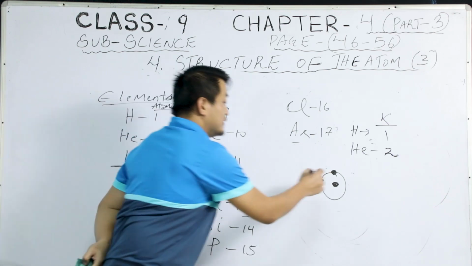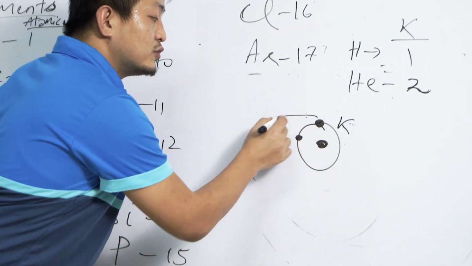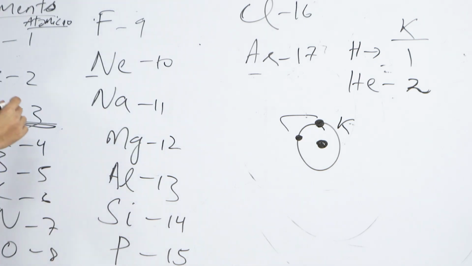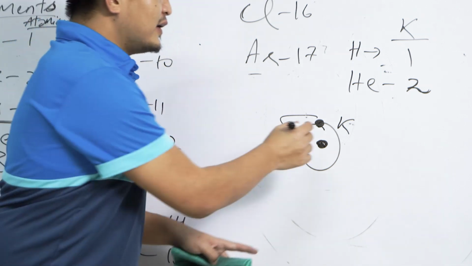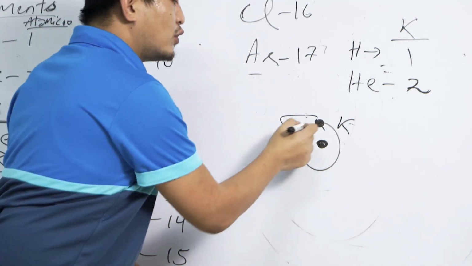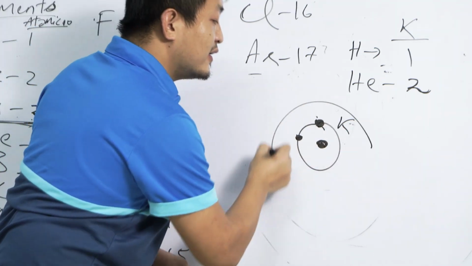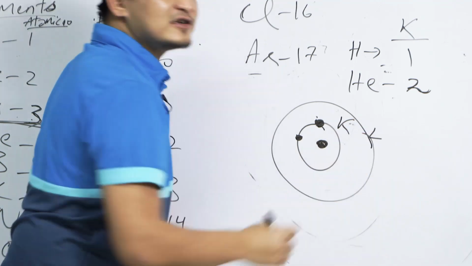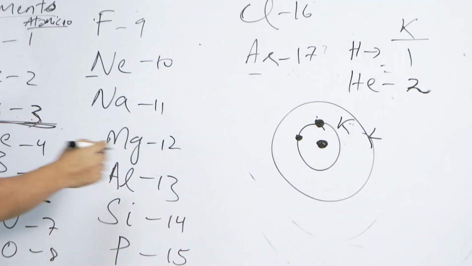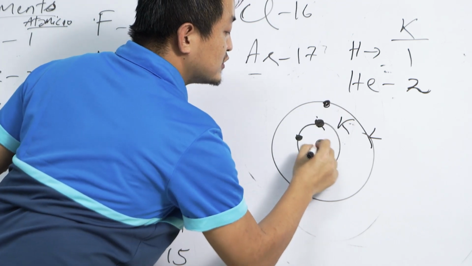In the K shell, the maximum number is 2, but lithium has 3 electrons. In the K shell there is space for just 2 electrons, and it is already filled. So in that case, we'll draw the second shell, that is the L shell. For lithium, it will be 3.